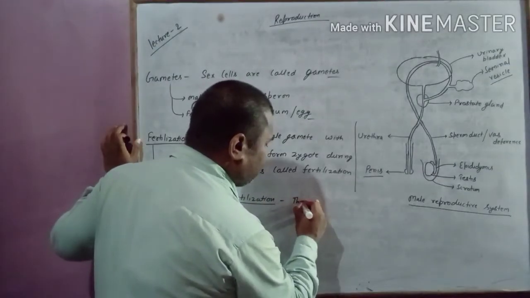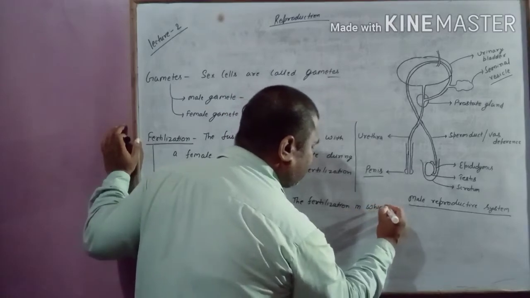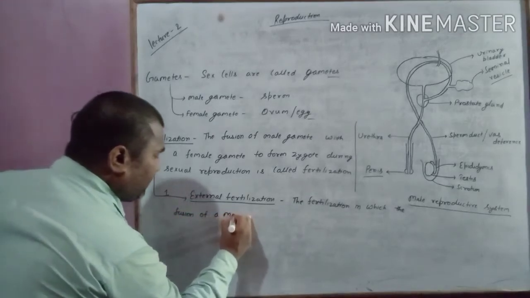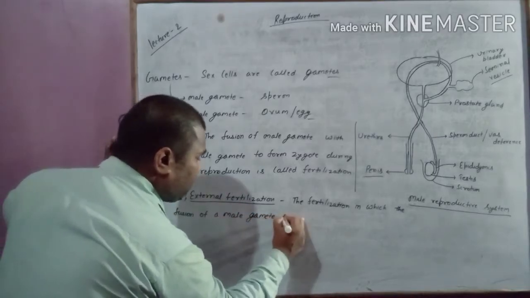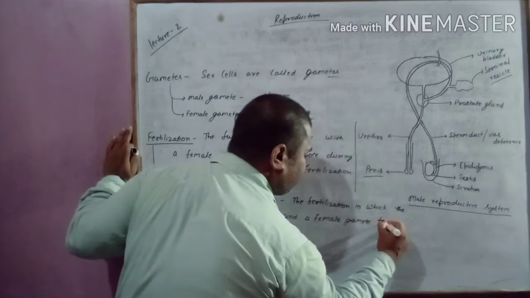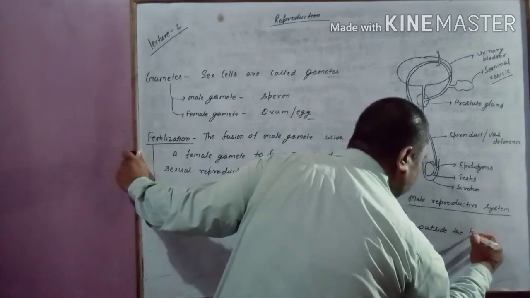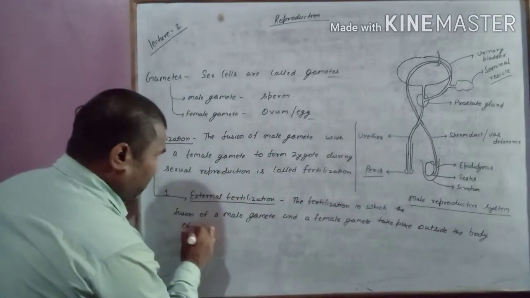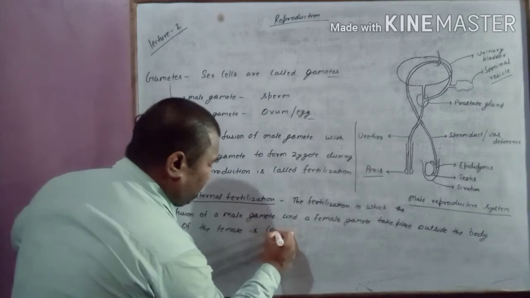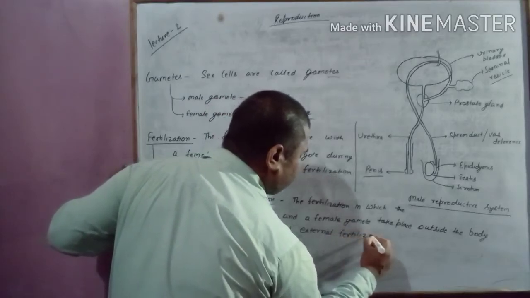What is external fertilization? The fertilization in which the fusion of a male gamete and a female gamete takes place outside the body of the female is called external fertilization.